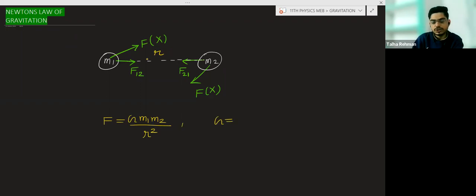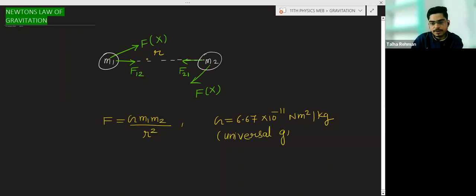The value of G is 6.67 into 10 to the power minus 11 Newton meter square per kg square. I think you know this fact already. And this G is known as universal gravitational constant.